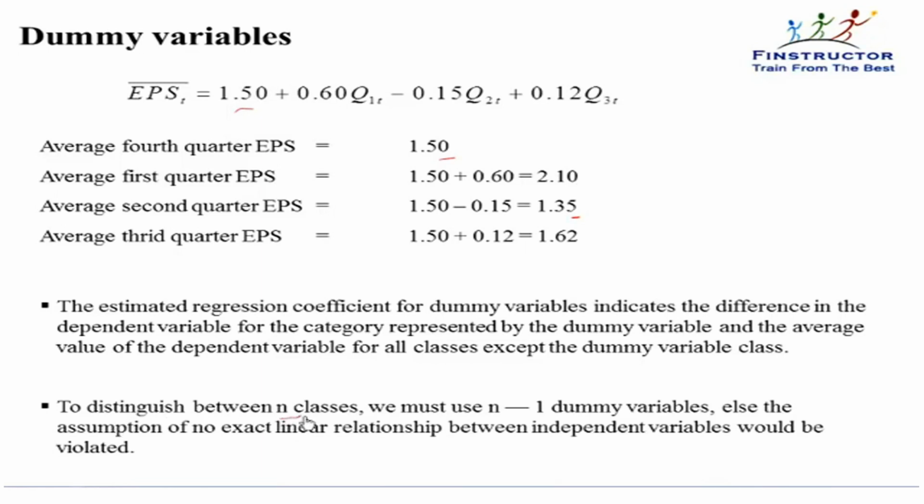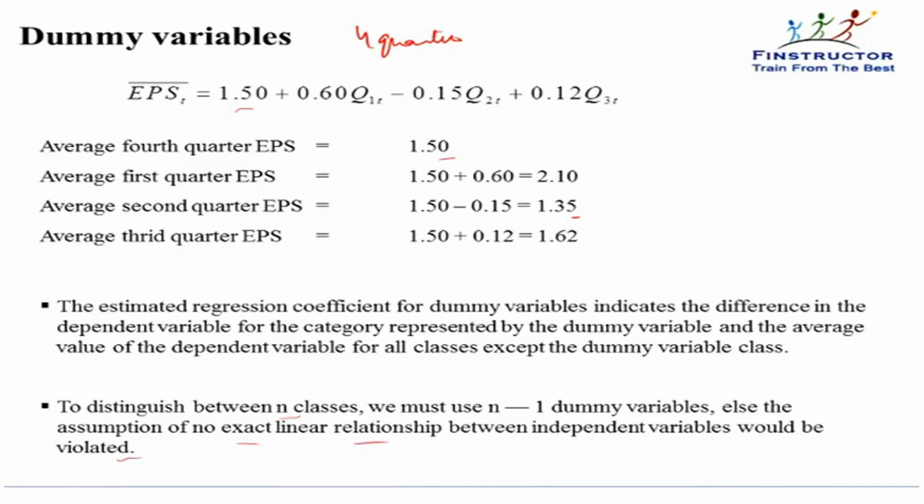To distinguish between n classes, for example 4 quarters in this case, please remember we have to use n minus 1 dummy variables. So we cannot use Q4 also as an independent variable. That would create problems in the regression. The problem is the assumption of no exact linear relationship between the independent variables would get violated, because 4 quarters, you would agree, would to some extent be related to one another.